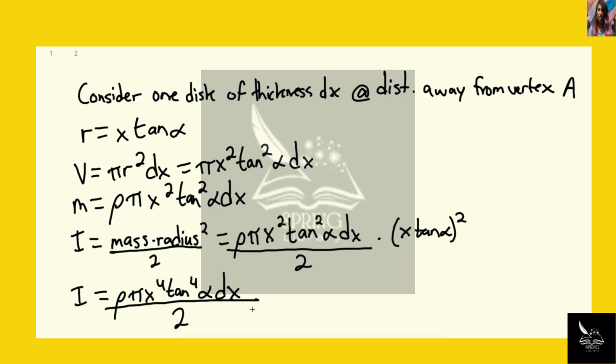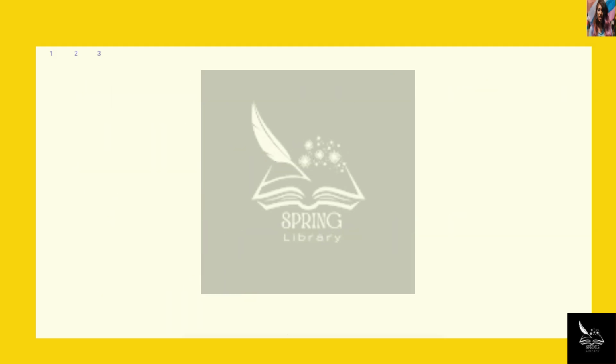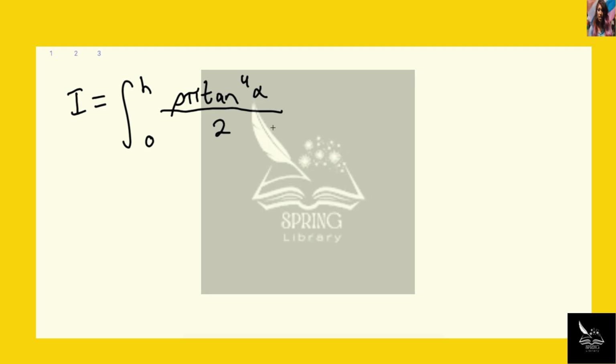And at this point, we can integrate. So I is going to be equal to the integral from 0 to h of rho pi tan to the fourth alpha all over 2 times x to the fourth dx.